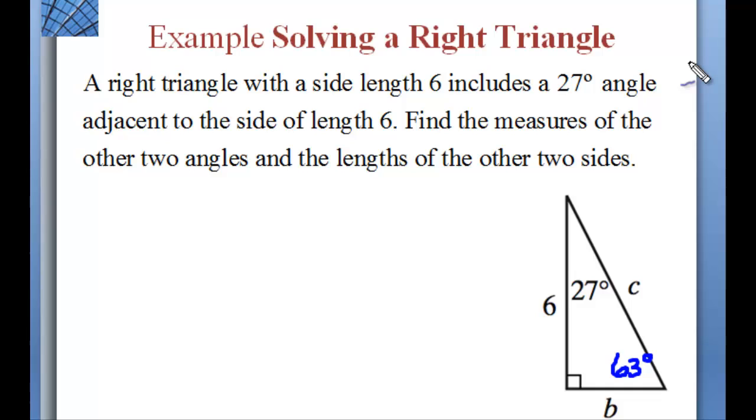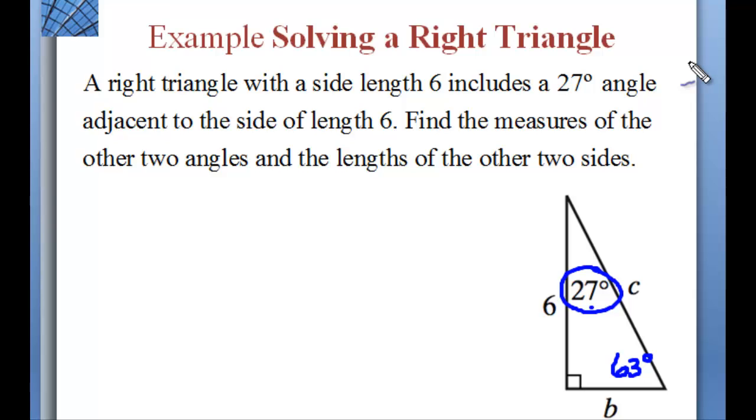Now we want to use trig functions to find the other sides. We can find trig functions of 27 degrees or of 63 degrees. Either one will work. However, it's generally safer to do it from the given angle, just in case you made a mistake on the 63 degrees. So with a given angle, we want to find c. So c is the hypotenuse.